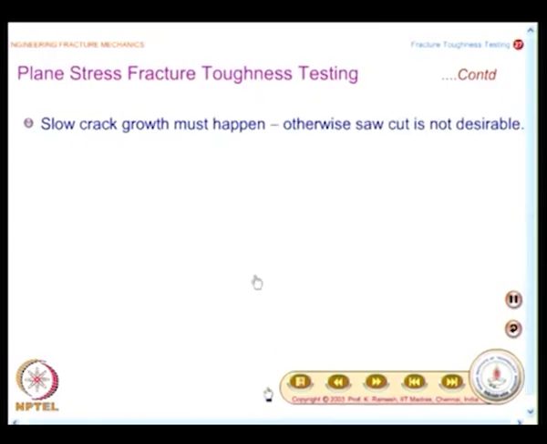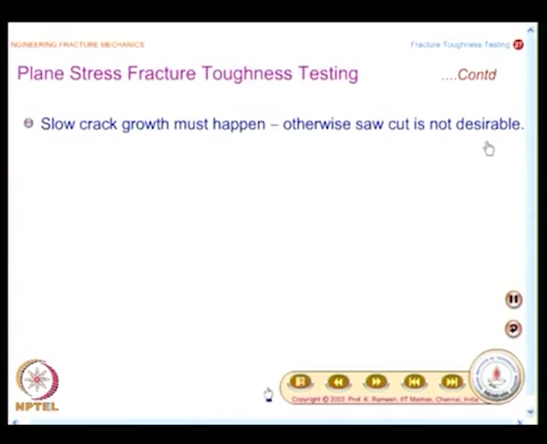So, one of the requirements here is you need to have slow crack growth. If it does not happen, it is an indication that the saw cut which is used is not desirable.